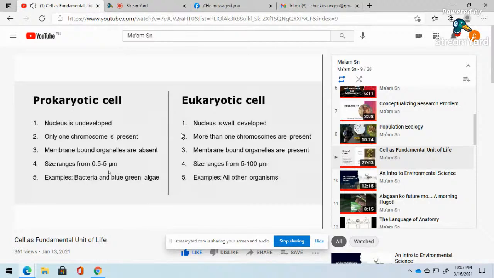Next, only one chromosome is present in the prokaryotic while more than one chromosome is present in eukaryotic. Membrane-bound organelles are absent. Size ranges from 0.5 to 5 micrometers. And examples of prokaryotic cells are bacteria and blue-green algae. While in the eukaryotic cell, membrane-bound organelles are present, size ranges from 5 to 100 micrometers, and examples are all other organisms except bacteria and the blue-green algae.